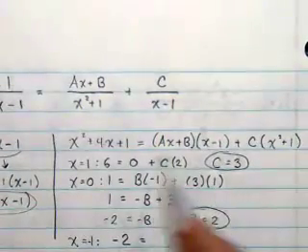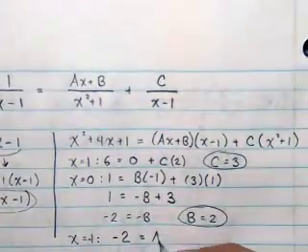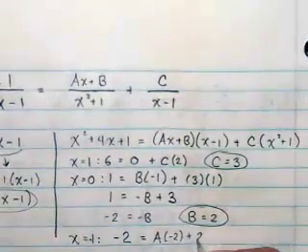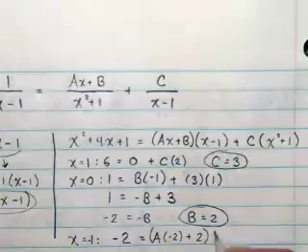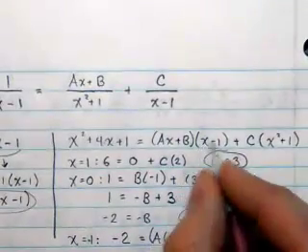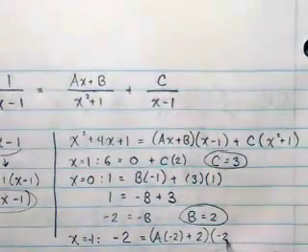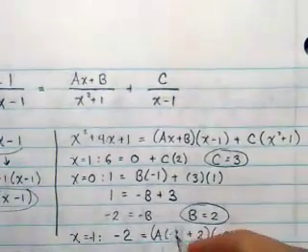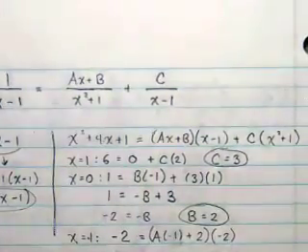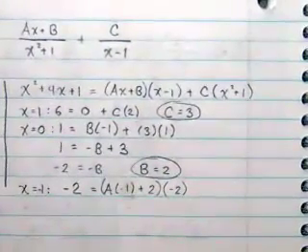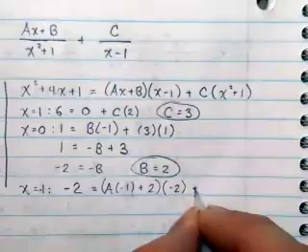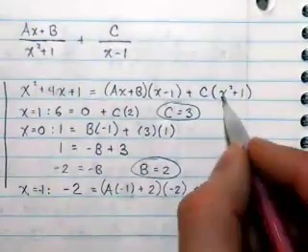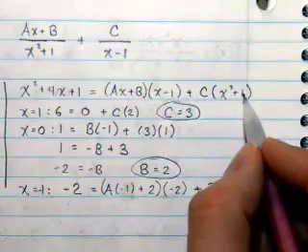And let's see what we got over here. So that would be a times negative 2 plus b, which is 2. And then that would be negative 1 minus 1, so negative 2. Sorry. My fault. And then that's a negative 2, right? Negative 1 minus 1. And then plus c is 3. And then negative 1 squared plus 1 should be 2.